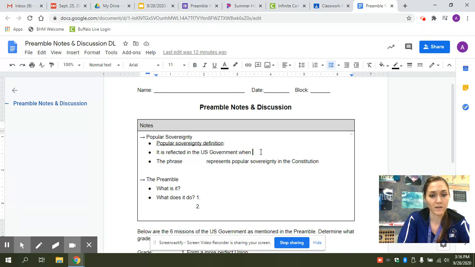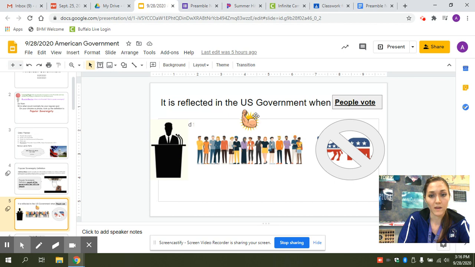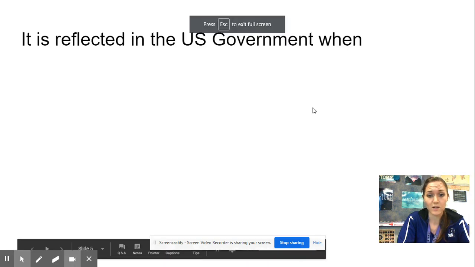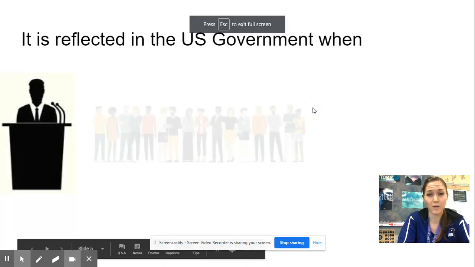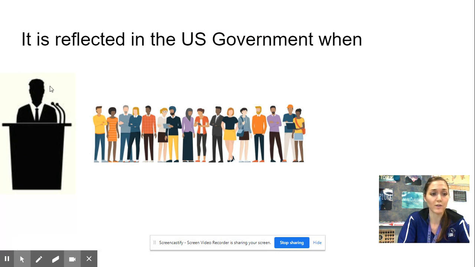Okay, next one. It's reflected in the U.S. government when, in that same video it gave an example, it's reflected in the U.S. government when people vote. Here's how that works. You guys are kind of like the bosses of the U.S. government. You elect a senator or a House of Representatives member whose job is to represent the will of the people.